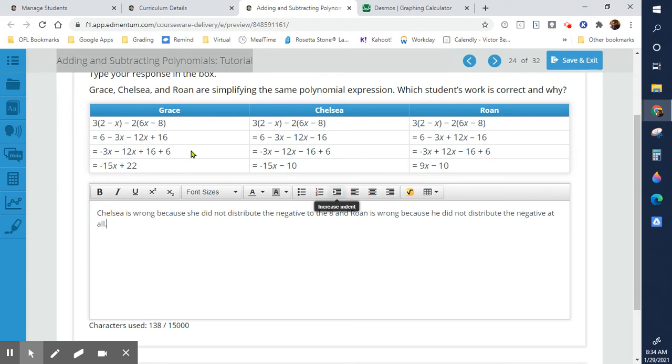All right, so Chelsea ends up being correct because she distributed the negative to the 6 and to the 8. If we look here, she added correctly.